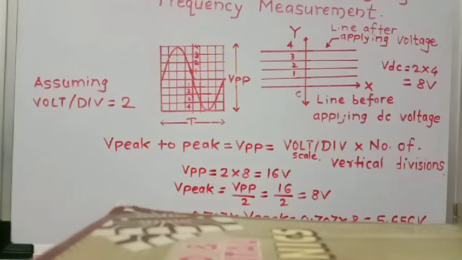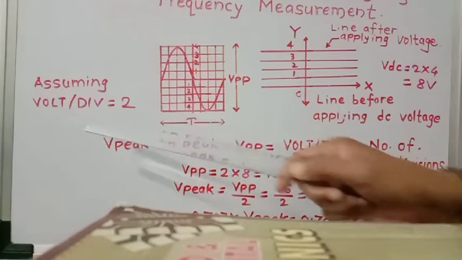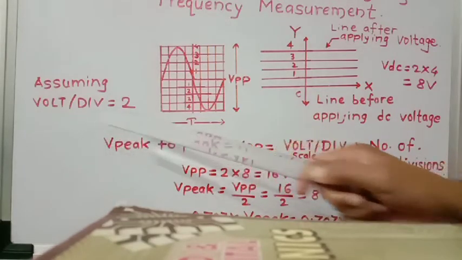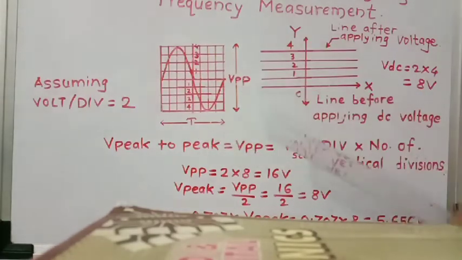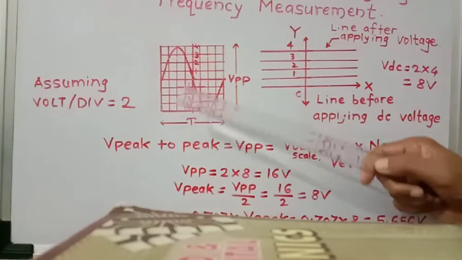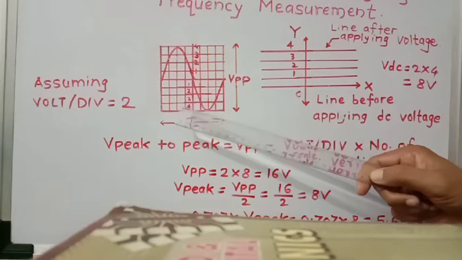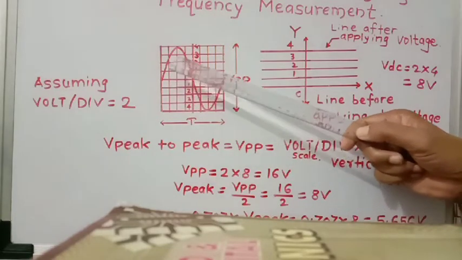So to calculate the peak to peak voltage, we multiply volts per division into the number of vertical divisions. That is, peak to peak voltage Vpp is equal to the volts per division scale into the number of vertical divisions from peak to peak. So the number of vertical divisions is 8.